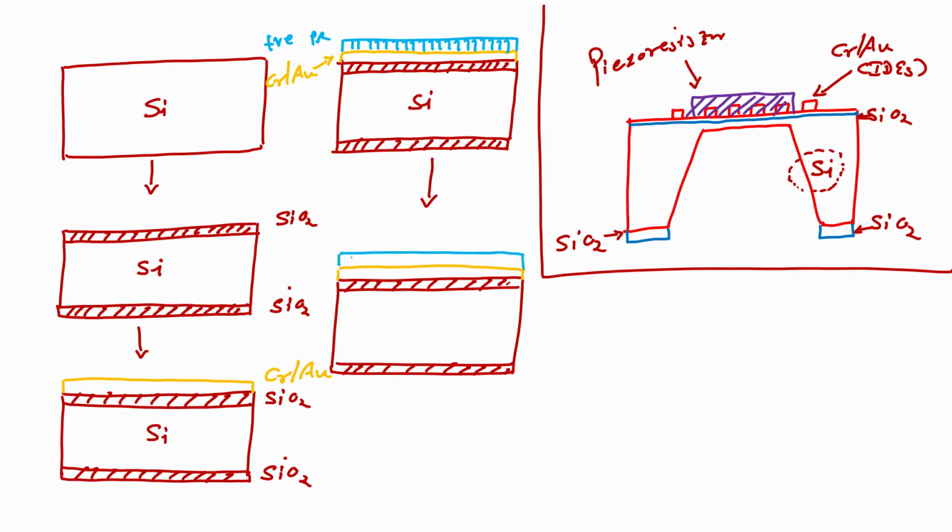We have spin coated this positive photoresist and cured it at 90 degree. This is spin coated photoresist, and we have done soft bake at 90 degree for 1 minute.